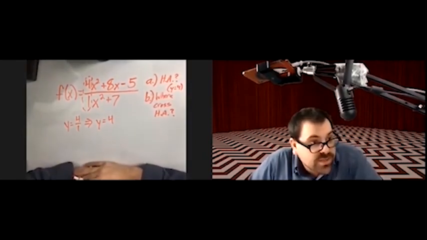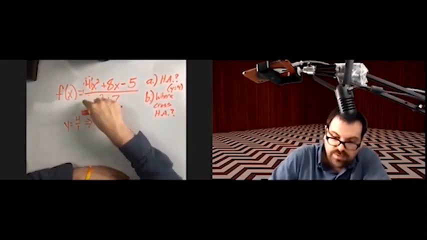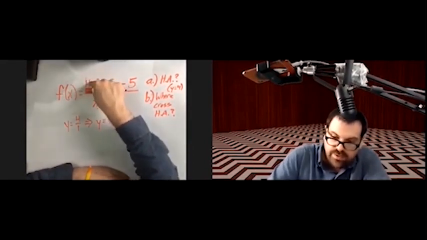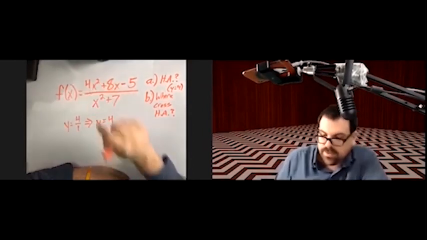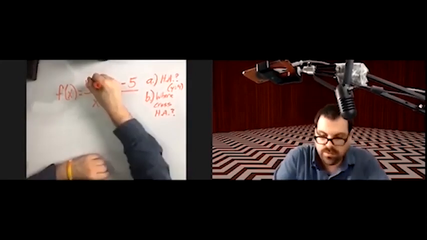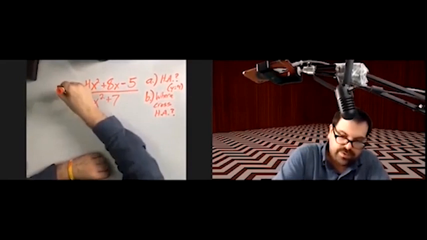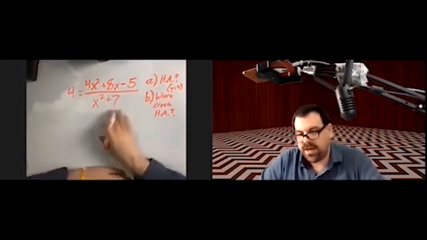Where do we cross the horizontal asymptote? Well, we'll take our function that we were given, and since the horizontal asymptote was 4, we will set it equal to 4 and solve.